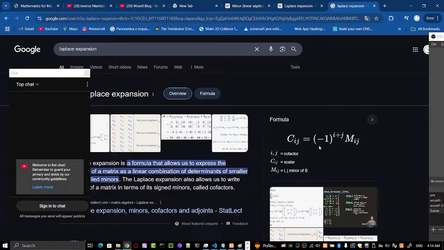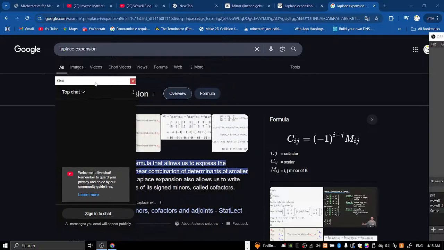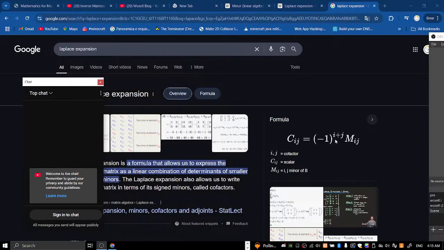So this -1 is multiplied by i plus j, and this will switch between positive and negative numbers, and then it is multiplied by the entry point, right?